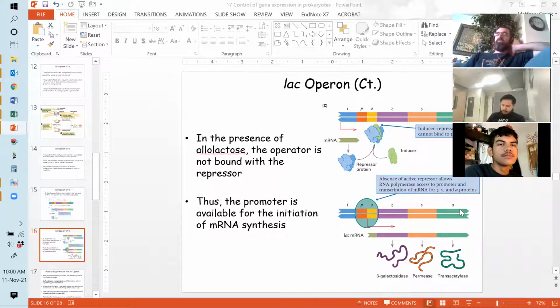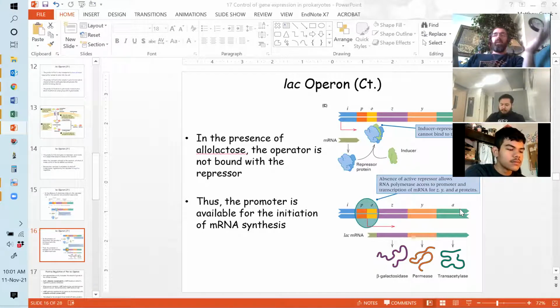Now, what about if glucose is present as well? Now we've got a slightly more complex question, right? Bacteria have the preference for glucose because, as you can see, it takes a lot less work to get glucose from glucose than it does from lactose, right? So now if you have glucose and lactose present, lactose is present, so the LAC operon can be on.